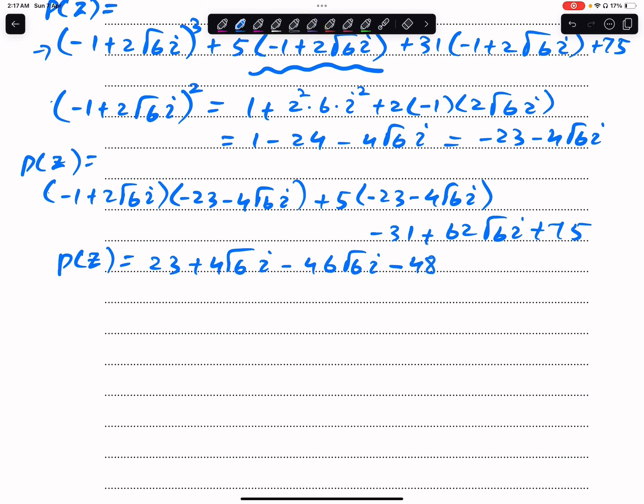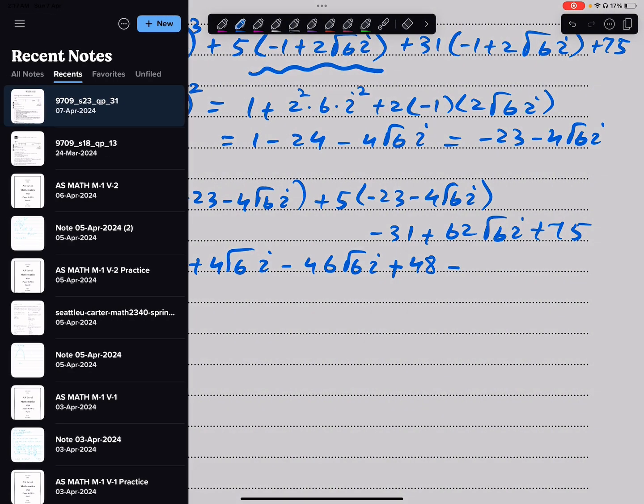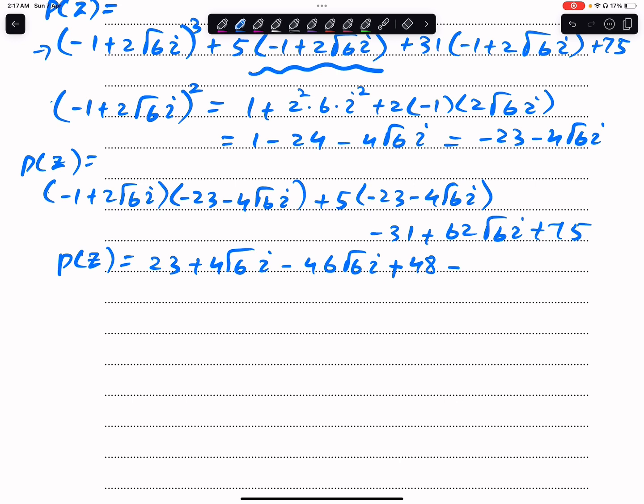I square will be minus 1, so this will become plus 48. Then minus 23 times 5 is 115. 5 times 4 is minus 20 root 6i minus 31 plus 62 root 6i plus 75.